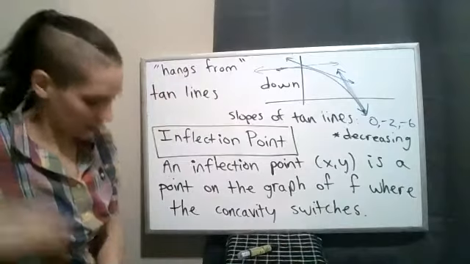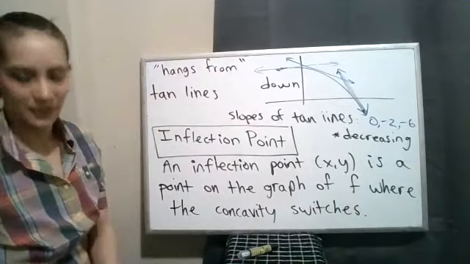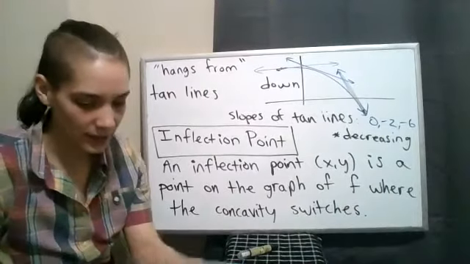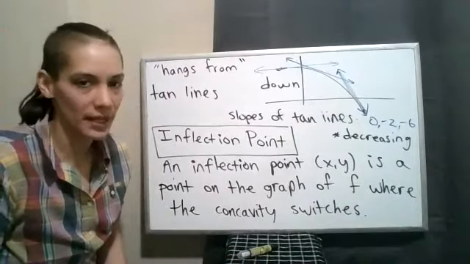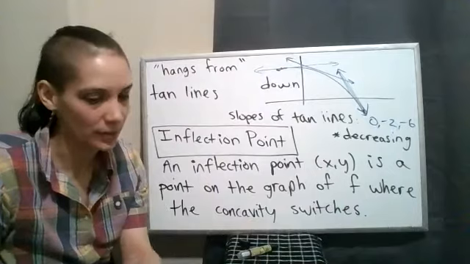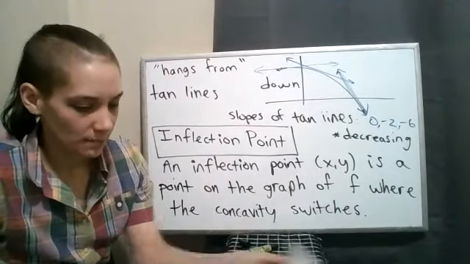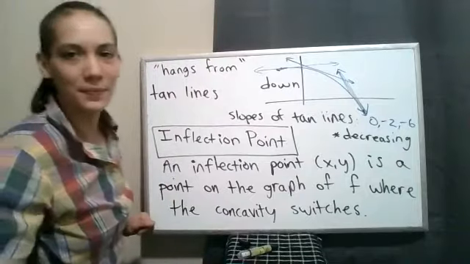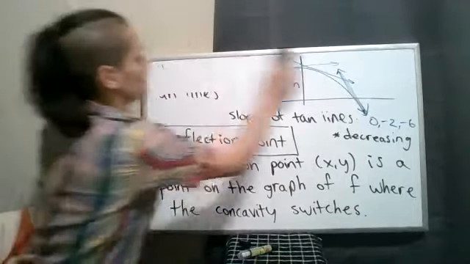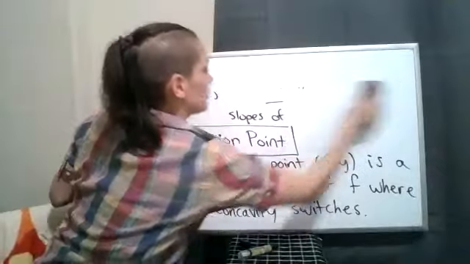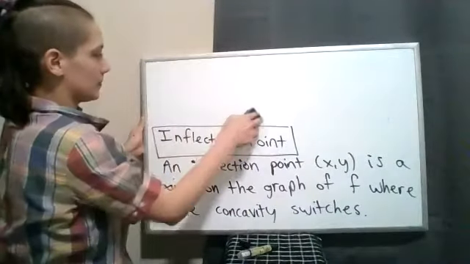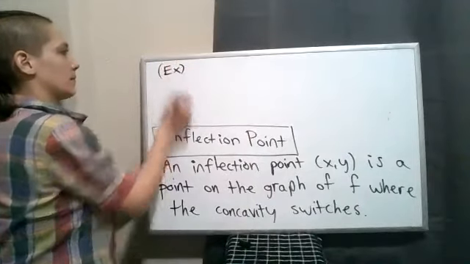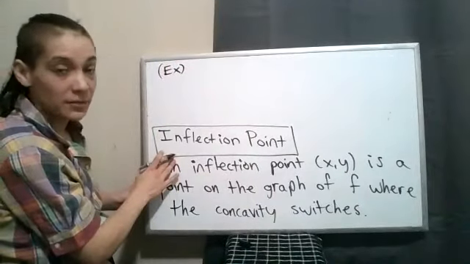Okay, we have about 5 minutes. We can definitely do some sketches, and let's see if we can get to an example. First one, we're just going to talk about an inflection point.